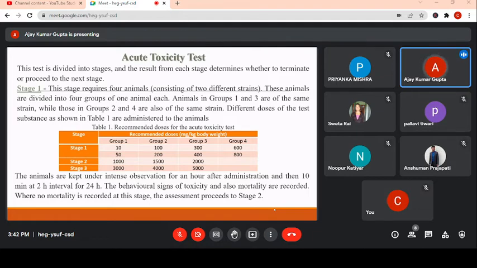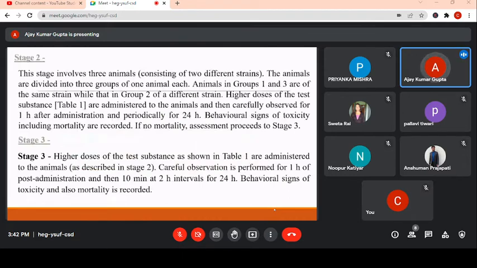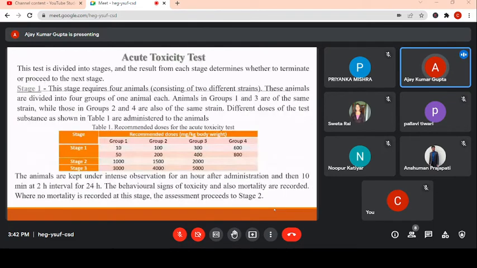Where no mortality is recorded, the assessment proceeds to stage 2. Stage 2 involves 3 animals. From this table itself it is clear: in stage 1 there are 4 groups, that is 4 animals, while from stage 2 onwards there are 3 animals, also consisting of 2 different strains.